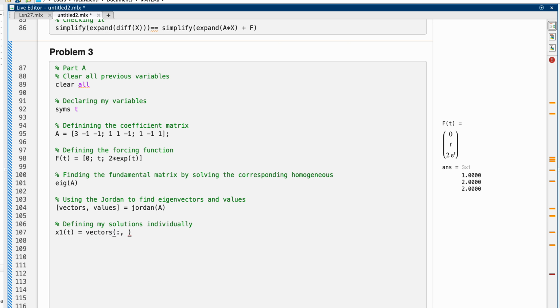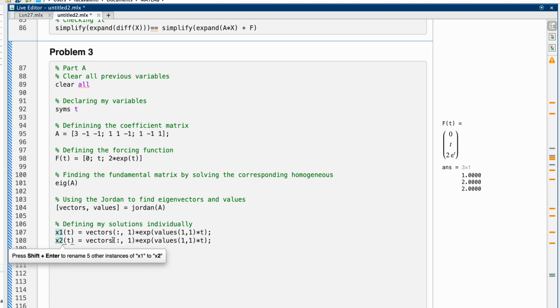The colon tells me I'm going to pull the first column, and then it's going to be multiplied by the exponent of the eigenvalue corresponding to that, which is 1, 1, by the way Jordan works, and then times t, and that's going to be my first solution. My second solution is going to be similar to this, but I'm going to put the subscript 2. Here I'm going to put 2, and this is going to be 2 and 2. And this is going to be my second solution.